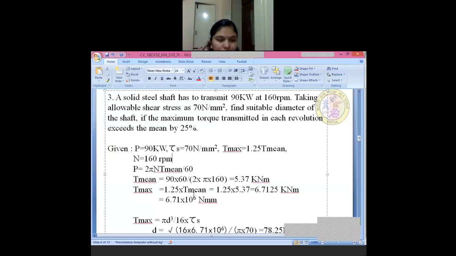So then T max is given as 1.25 times T mean. Just multiply T mean by 1.25 and T max turns out to be 6.7 into 10 power 6 Newton millimeter.